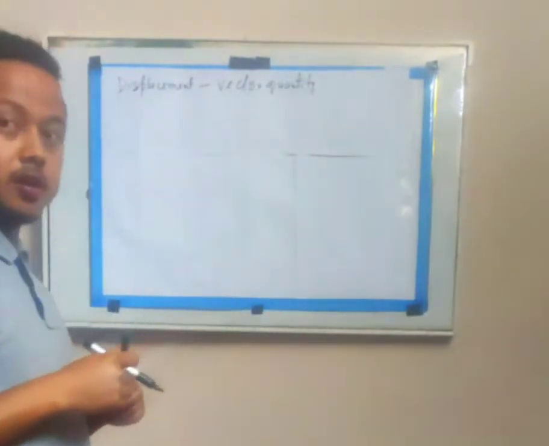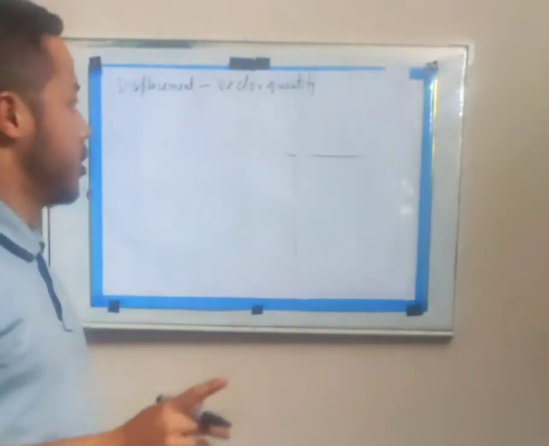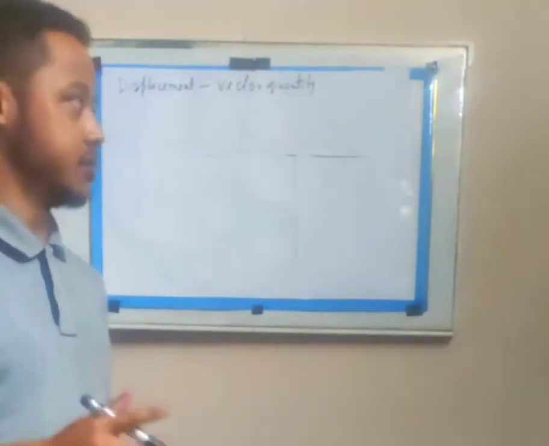When I say vector quantity, I mean it has both magnitude and direction.